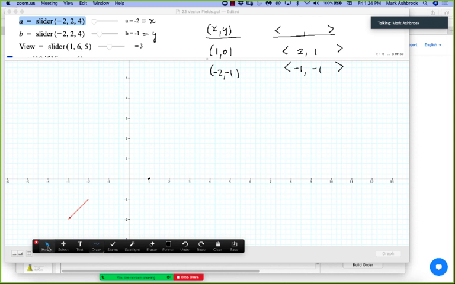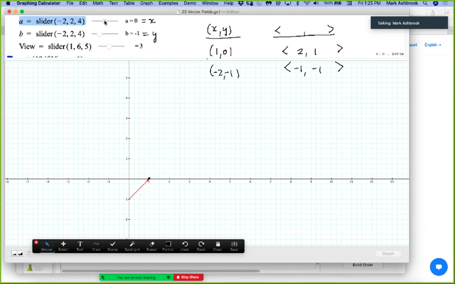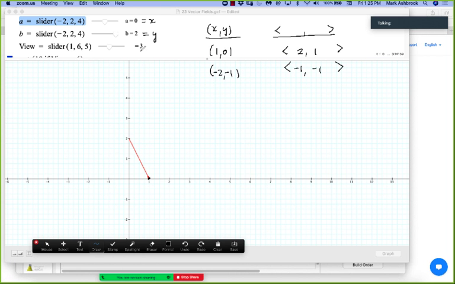Okay. And then let's do, how about 0 for x and positive 2 for y. So here's the point 0, 2, and the vector we get at 0, 2 is? 1, negative 2. 1, negative 2, okay. So after we get 4 or 5 of these, we start looking for a pattern.